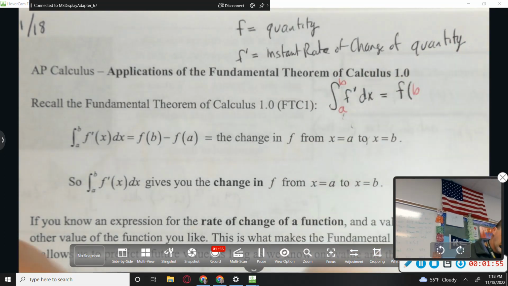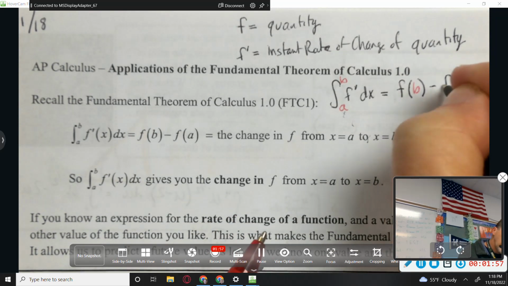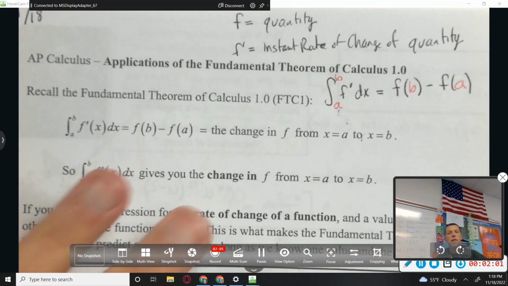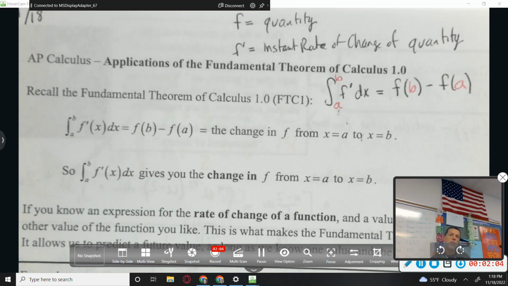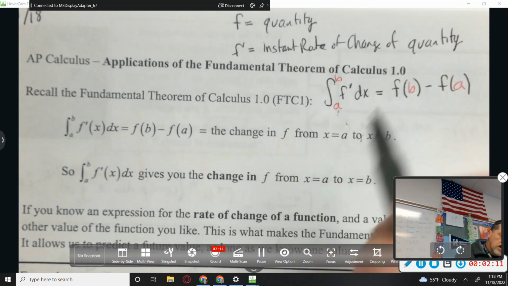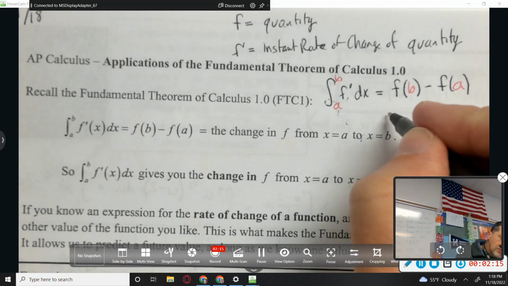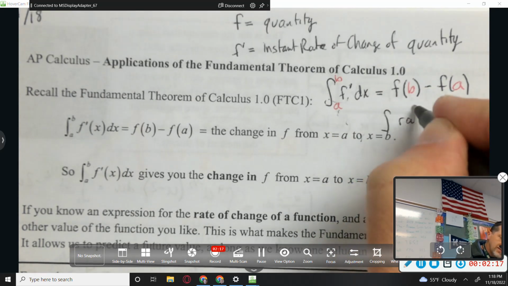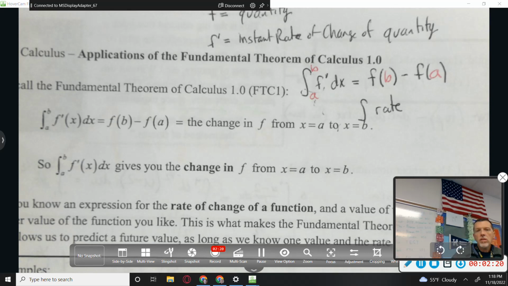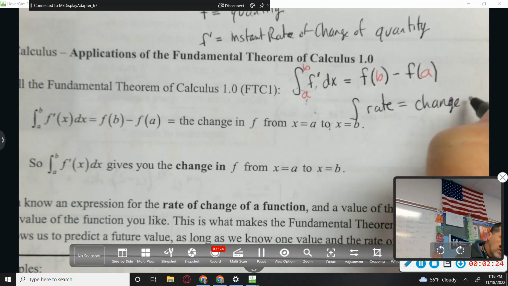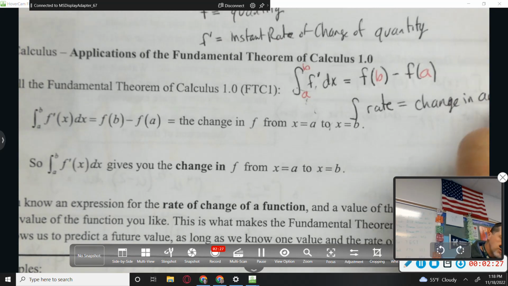So it's f at the top value minus f at the bottom value. So now if we put these two ideas together, if we integrate a rate, we get a change in the amount, or change in the quantity.